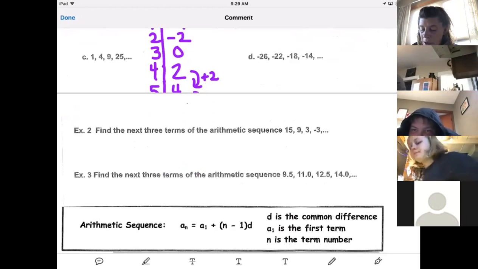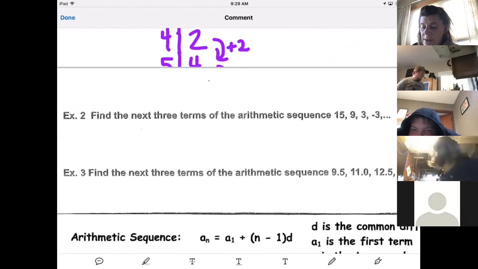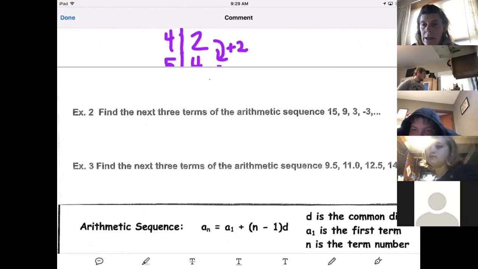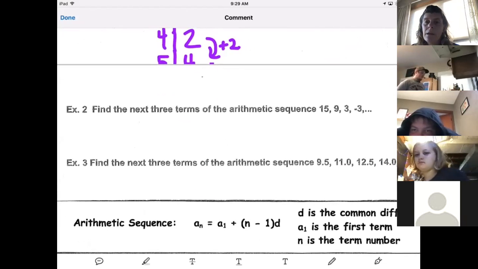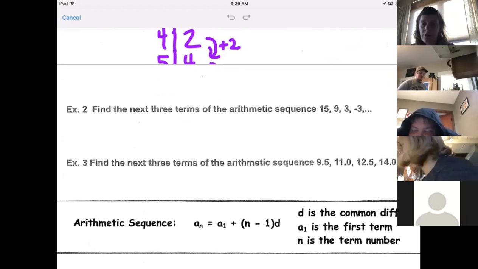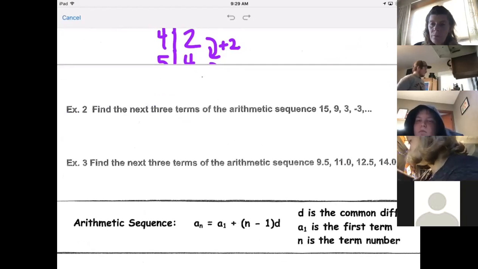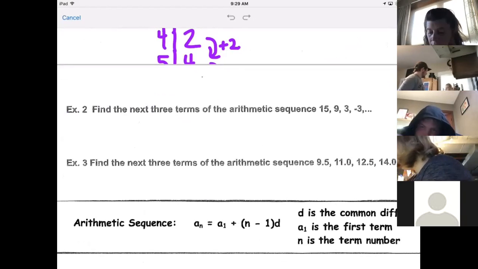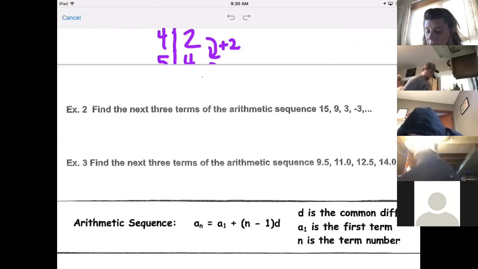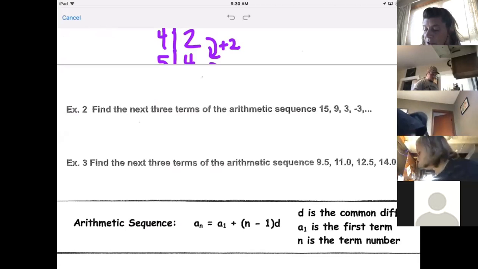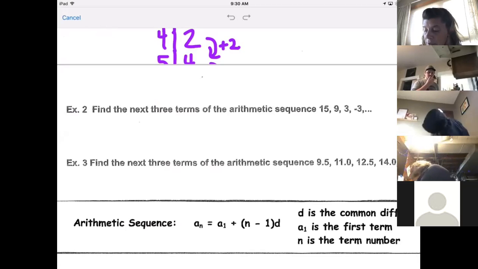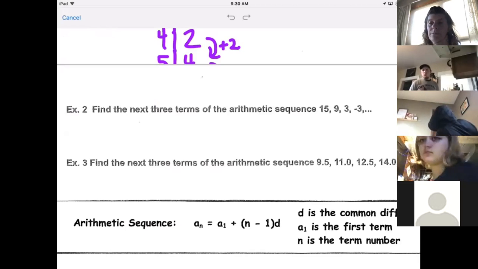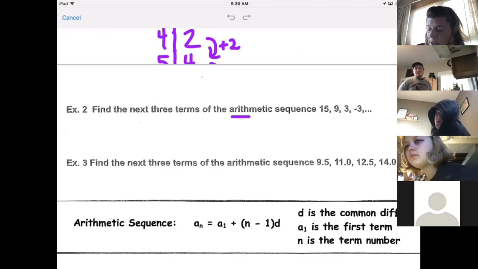Okay, so let's go back to something that looks more like something you would see in elementary school. You know, when math was easy back in the good old days? We have example 2. It says find the next 3 terms of the arithmetic sequence. Okay, well, it's 15 and then 9 and then 3 and then -3. We know it's arithmetic.